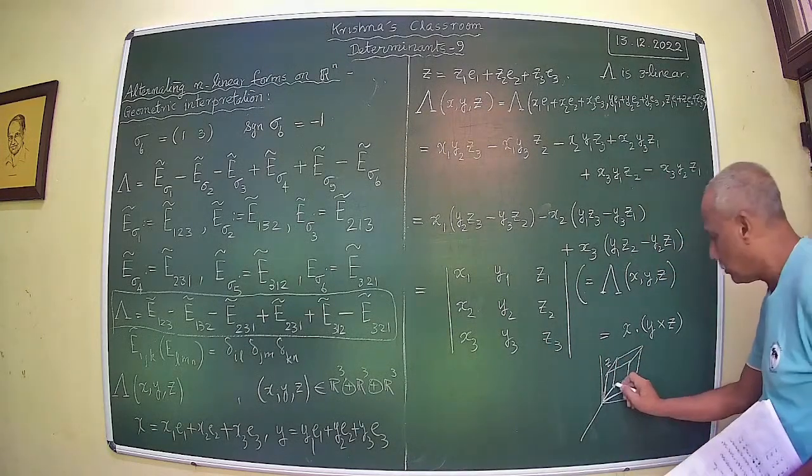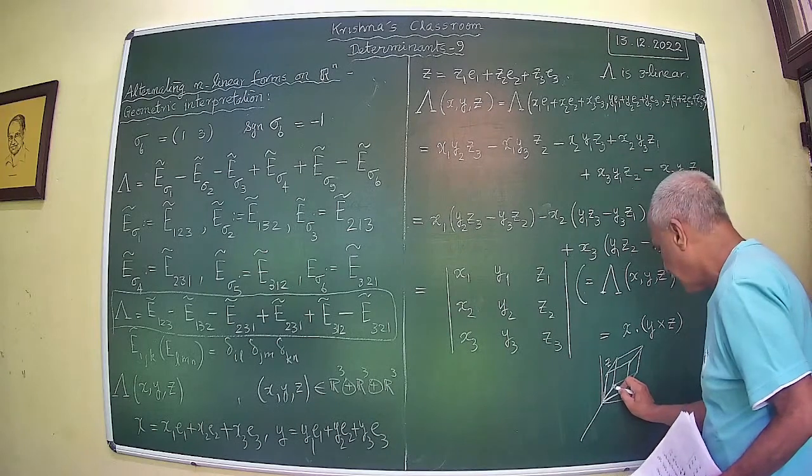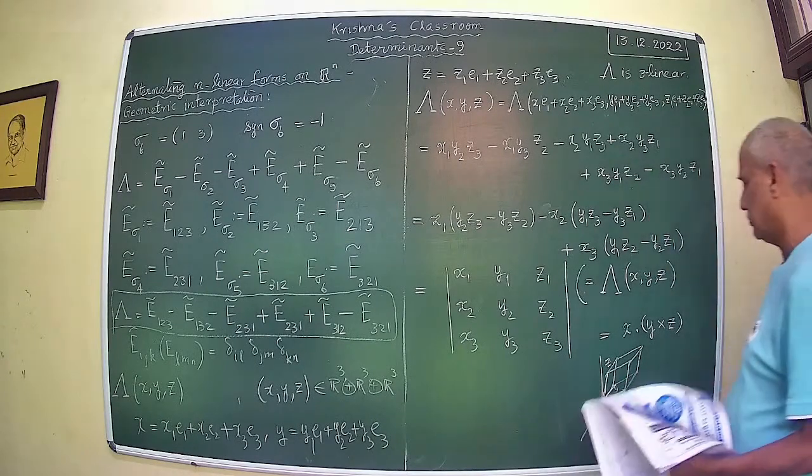This is the parallelepiped created by the three vectors x, y, z.